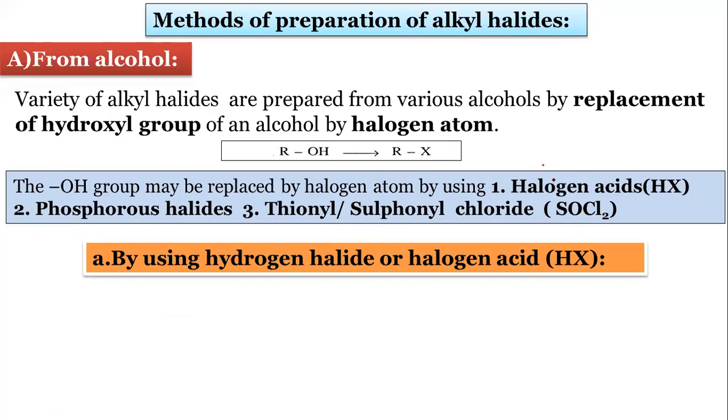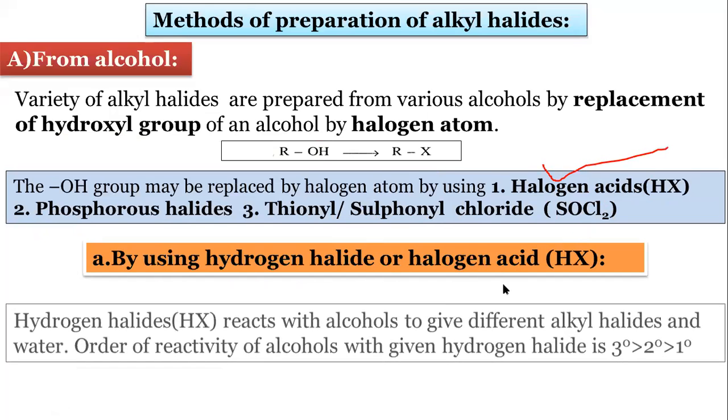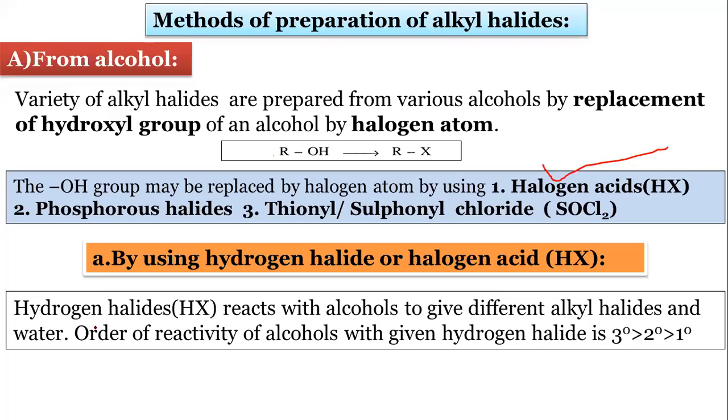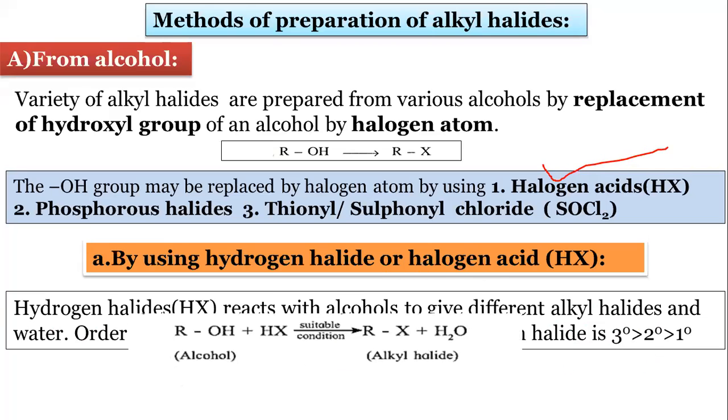First method is by using halogen acids, also called hydrogen halides. The halogen acids react with alcohols to give different alkyl halides and water. Order of reactivity of alcohols: first tertiary alcohols will react very fast, then secondary alcohols, and lastly primary alcohols.